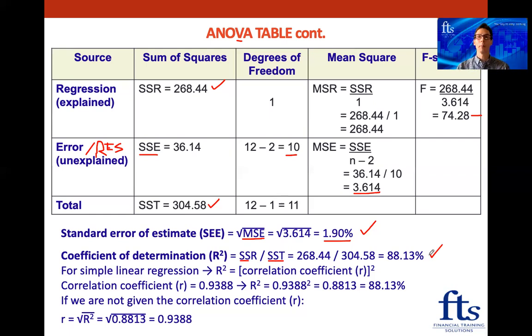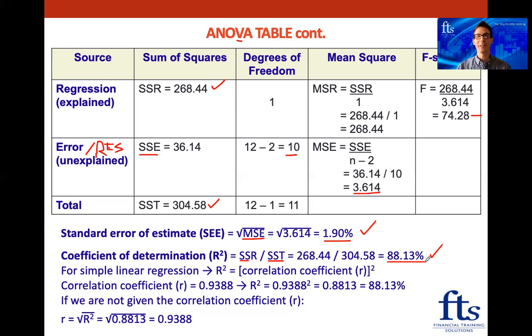In our example, the independent variable was the return on the market, and our dependent variable was the return on stock B. So this means that the return on the market is explaining 88% of the variation of the returns on stock B.